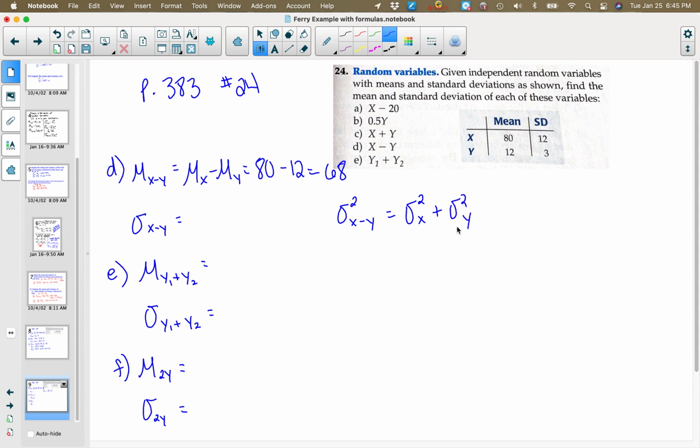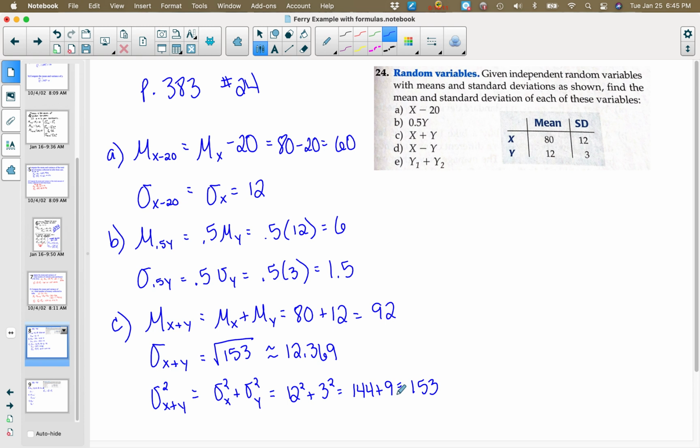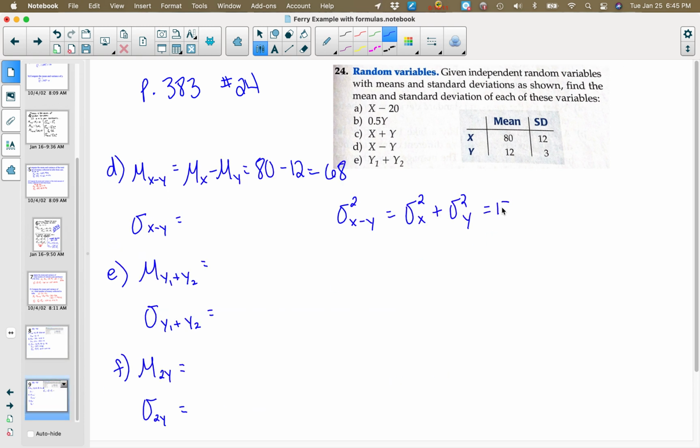Because remember that we don't ever subtract them, we always add them. So we're going to end up with the same answer that we had. I'm not going to recalculate because we just calculated that that was 153. So this is going to be 153. So we're still going to get the square root of 153, which is about 12.369. So whether you are adding or subtracting, you're going to get the same variance and the same standard deviation.